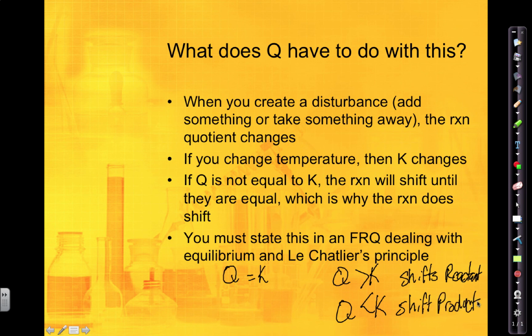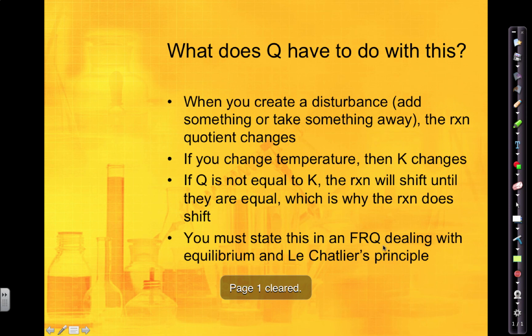So anytime that you change something in the reaction, Q and K will no longer be equal, and then the reaction has to shift in order to make them equal again. So anytime that you have an FRQ dealing with equilibrium and Le Chatelier's principle, you need to talk about Q.